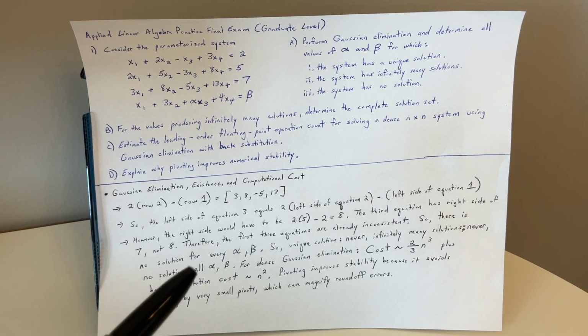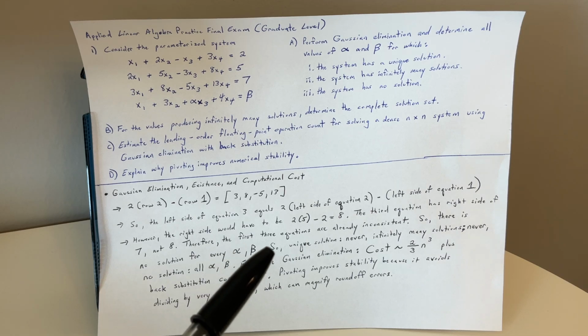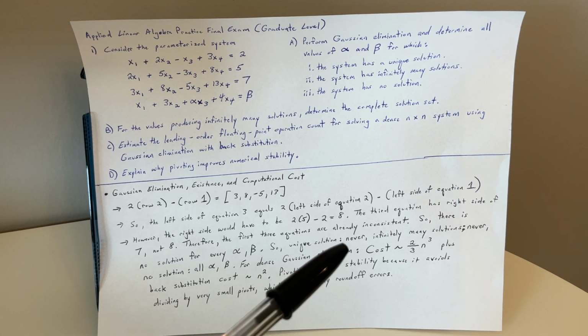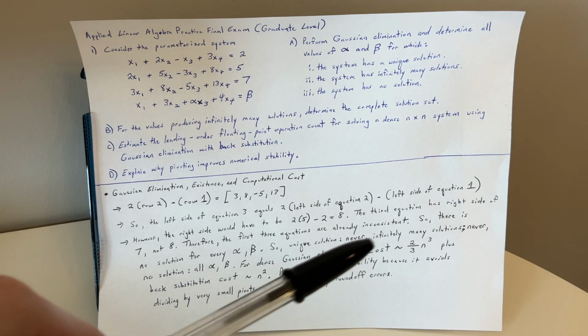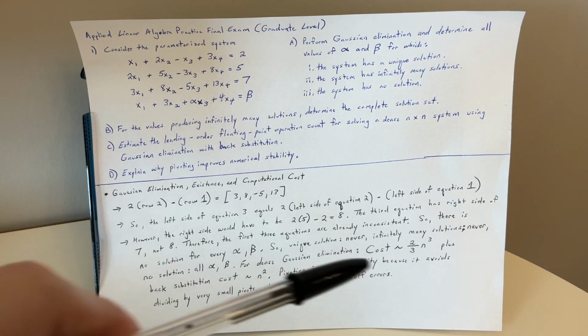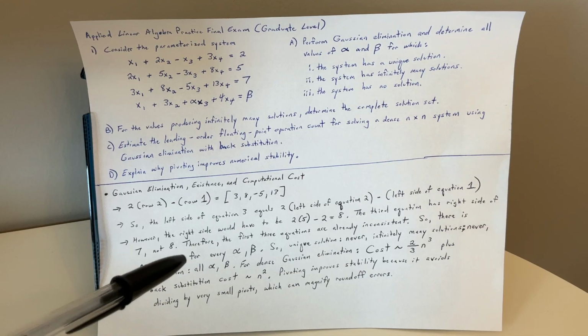So right here, the first three equations are already inconsistent. So there is no solution for every alpha and beta. So, unique solution, never. Infinitely many solutions, never. No solution, all alpha, beta.